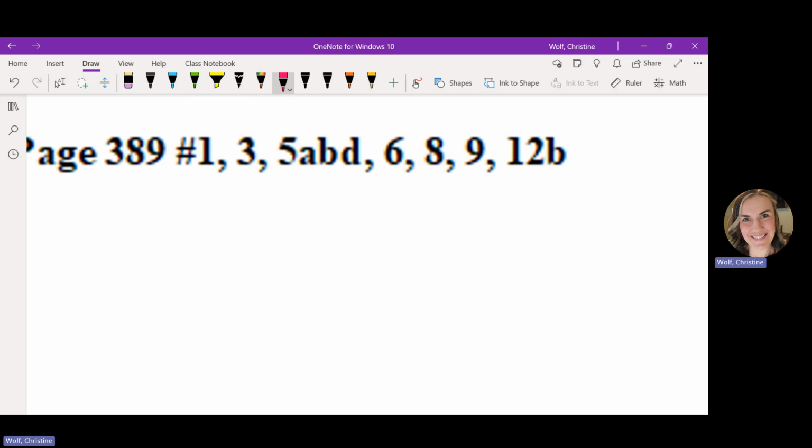Okay, for 5, I gave you A, B, D. You can just do D. That's the hardest one. Number 6, you're going to do just 6AC. Number 8, you can skip number 8 completely. Number 9, you can skip completely, and then you will do 12B because that's the word problem. Okay, and that's due Wednesday.